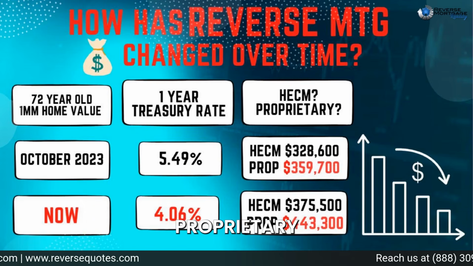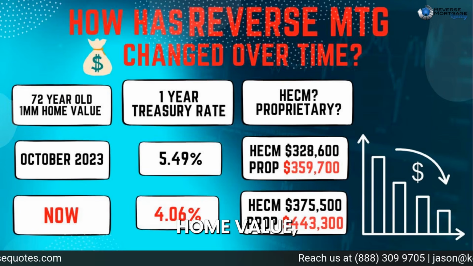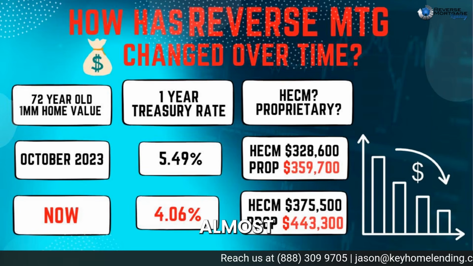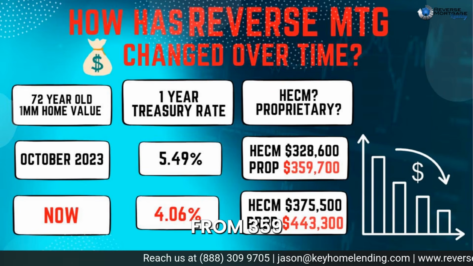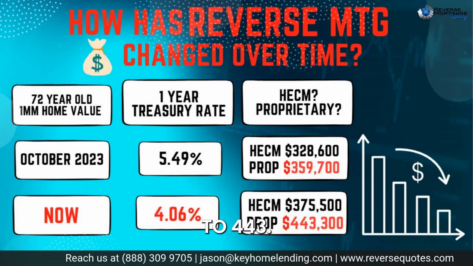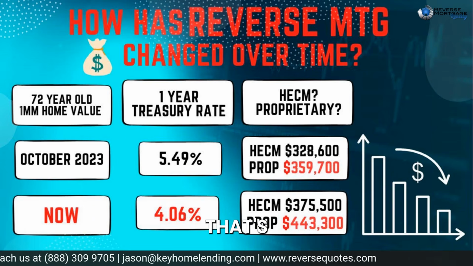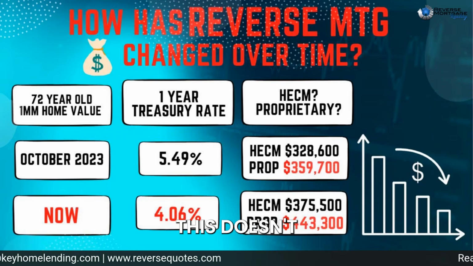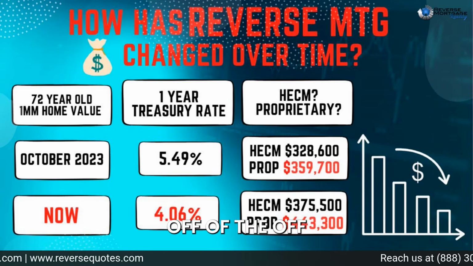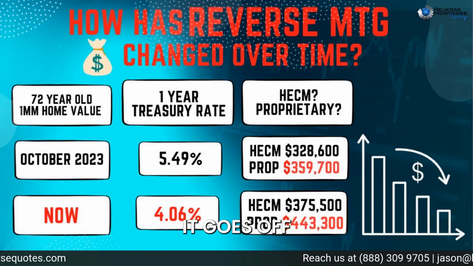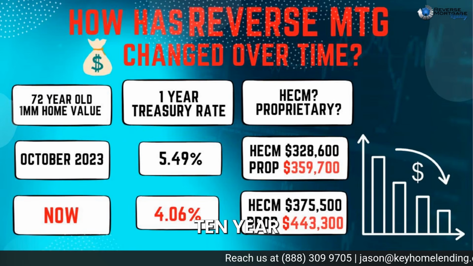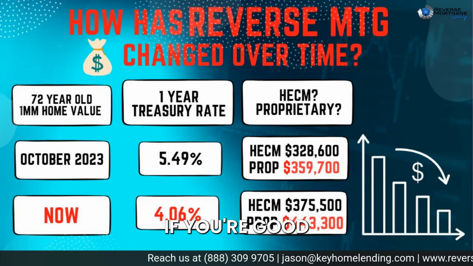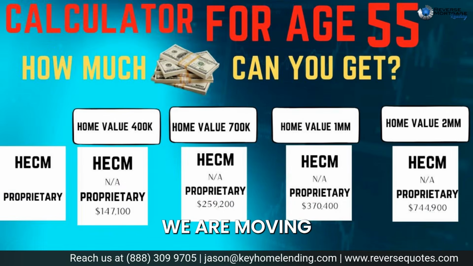The proprietary on $1 million home value went up almost $100,000 from 359 to 443. That's remarkable. And again, I want you to start thinking, this doesn't go off of the Fed. It doesn't go off of the overnight rate. It goes off of the 10-year treasury note. So if you're good with that, I'm good with that, and we are moving on.